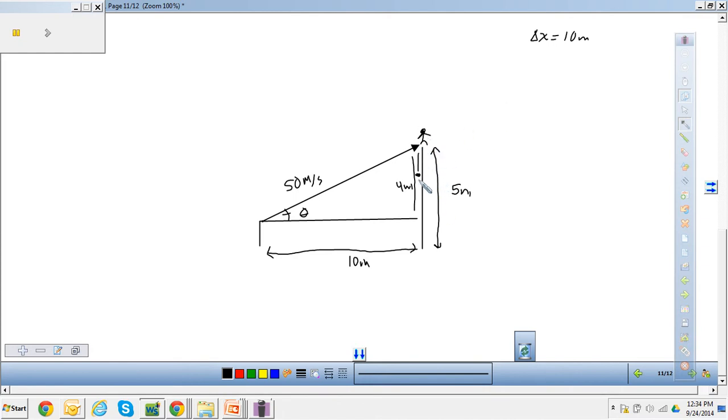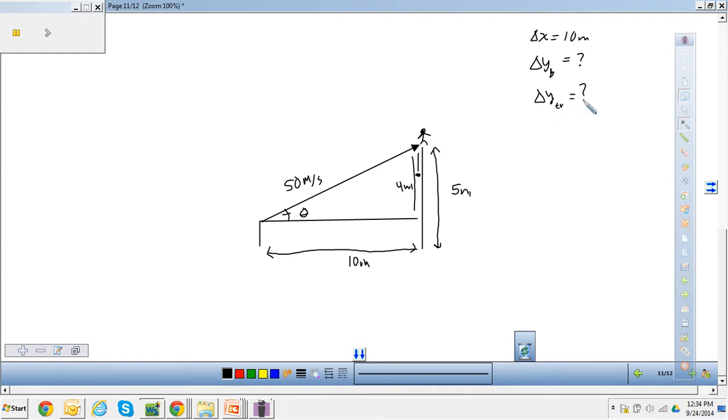Actually, we don't, because the height of the banana is a function of time, and the height of the tranq dart is a function of time. Right? You guys see that? So let's call this delta y banana. We don't know that. Delta y tranquilizer. We don't know that.